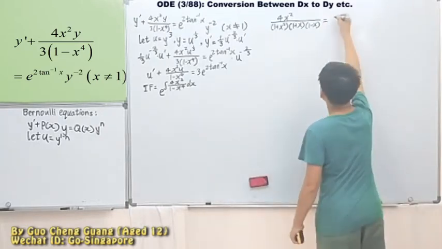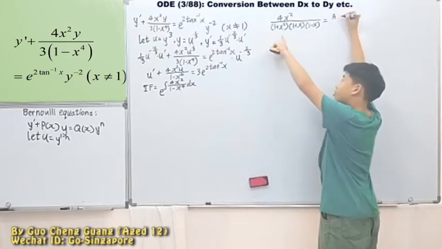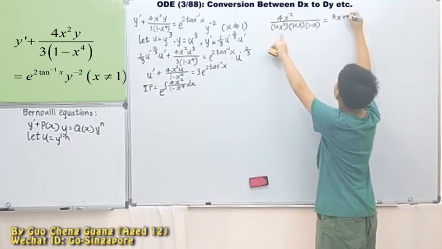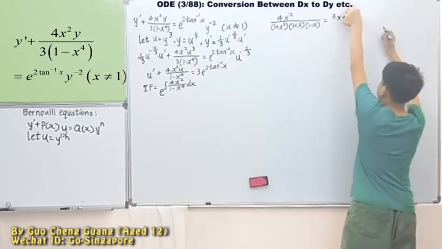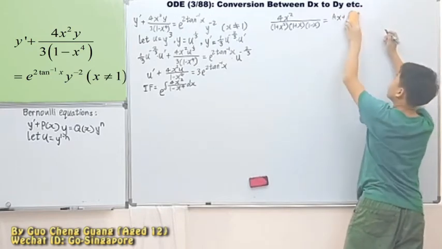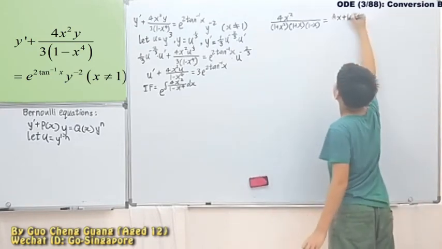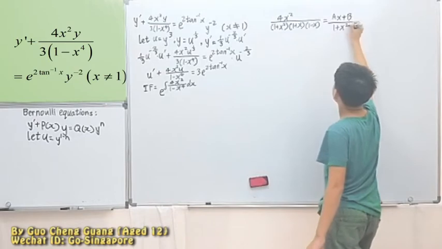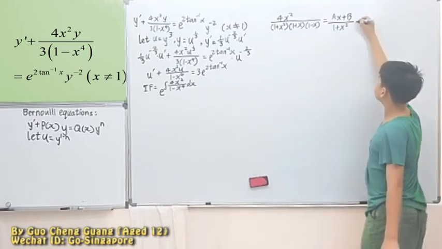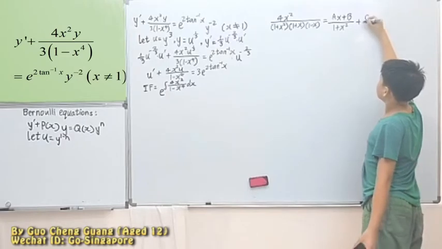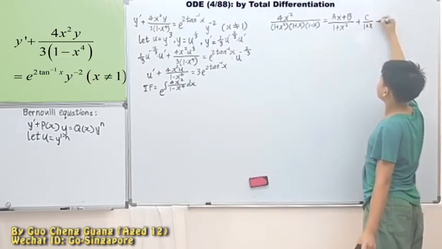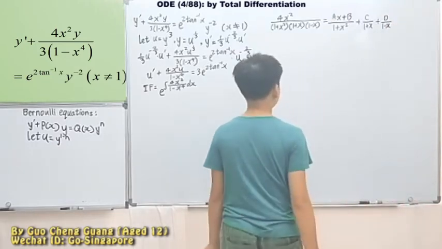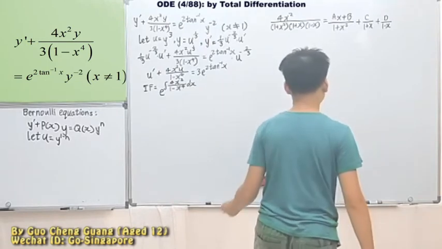That means, for example, we put this in the first part: ax plus b over 1 plus x squared, plus c over 1 plus x, plus d over 1 minus x. Okay, so get these.